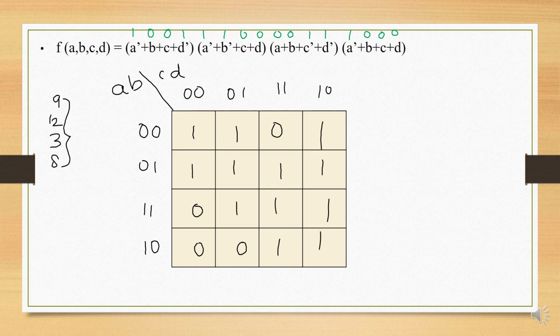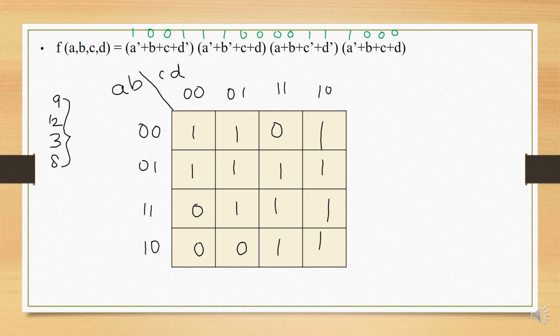The simplified SOP expression can be obtained by grouping logic 1 cells. In order to obtain simplified POS expression, we need to group logic zeros. Let us now obtain the simplified POS expression, because in the previous slides we have obtained simplified SOP expression.